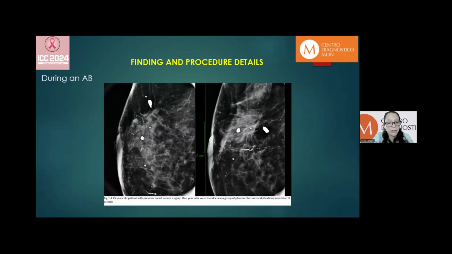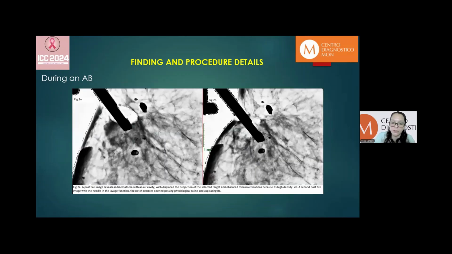This is another case, a 45-year-old patient with previous breast cancer surgery. One year later, we found a new group of pleomorphic microcalcifications located at 12 o'clock. A post-fire image reveals a hematoma with an air cavity which displaced the projection of the selected target.